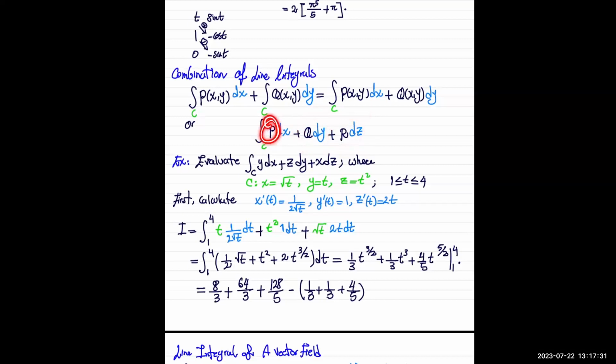And again, these are just functions, as we saw over here. Notice that this is a dot product. P times dx plus Q times dy plus R times dz. This is a dot product, right? It's a dot product of P, Q, R and dx, dy, dz.